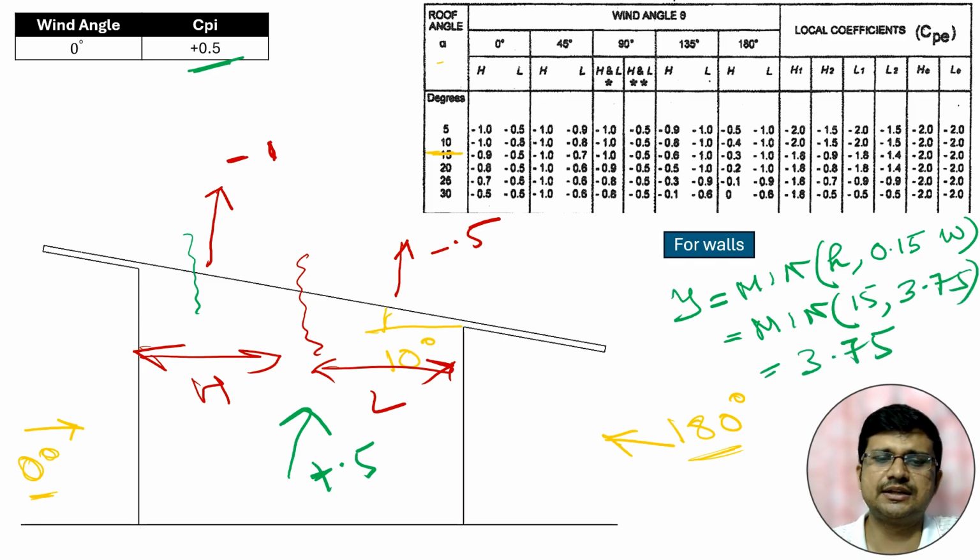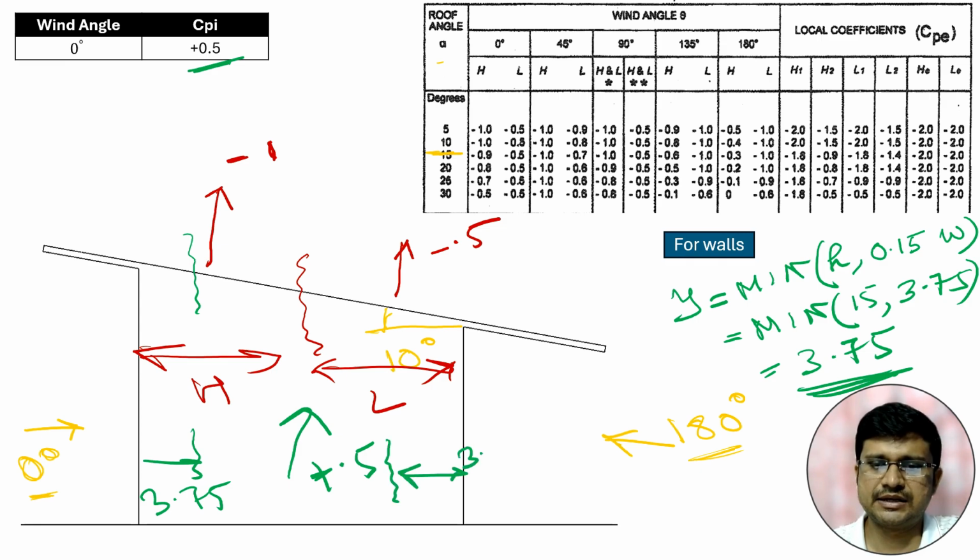The local pressure coefficient zone will be up to 3.75, but this is in plan, in projection, not on the roof. In projection, on this side and also on this side, the zone will be 3.75.